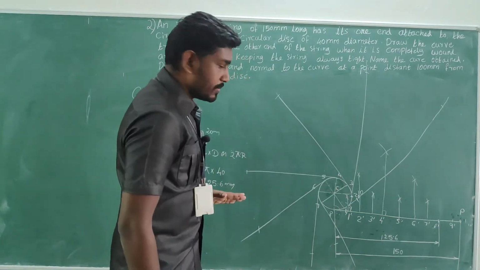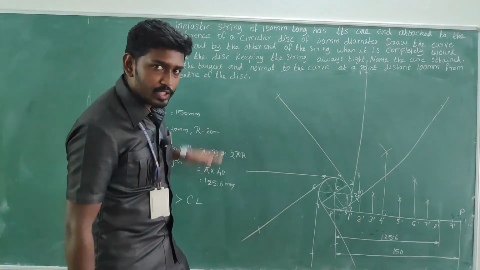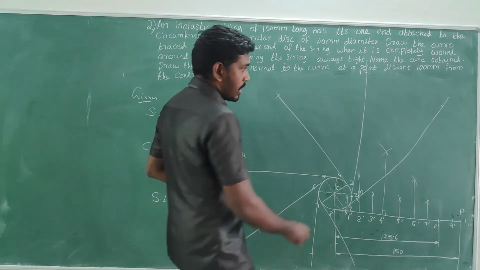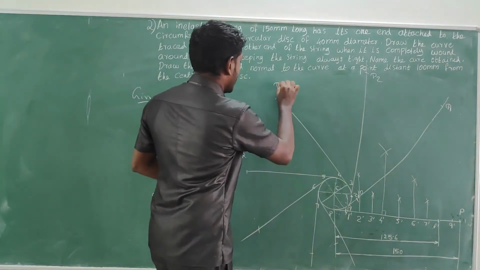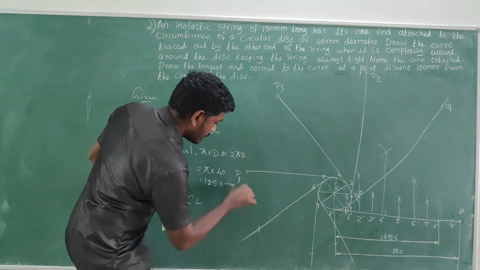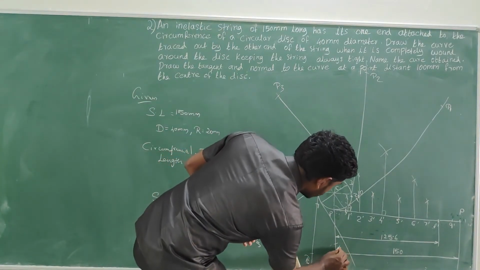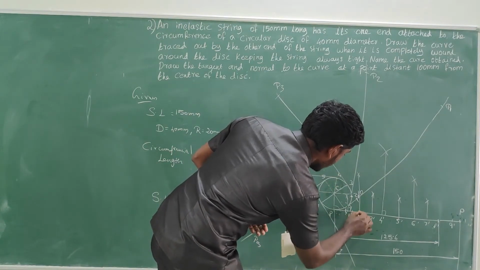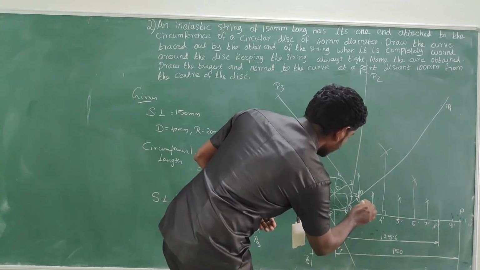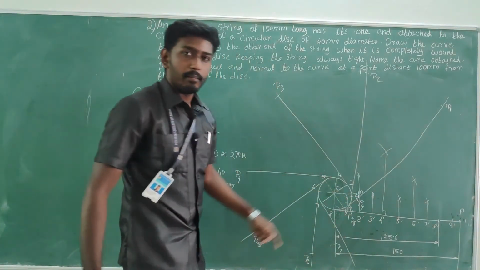Fine. So then just go for a trace which you have taken in the tangential lines. So this is P1, this is P2, this is P3, this is P4, this is P5, this is P6, this is P7, this is P8, somewhere here P8, and here P9, and here P10.